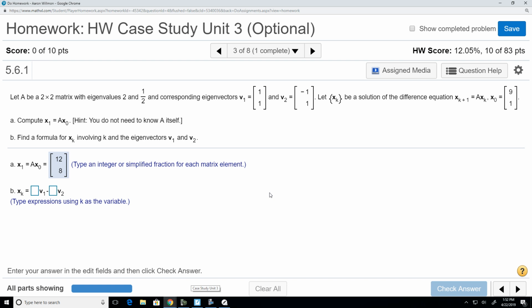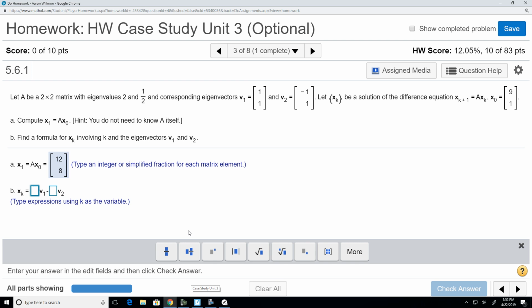All right, so now we need a formula for x of k. So just generically, what would we do if we wanted the kth term of this sequence, the kth vector? So for v1, we need to multiply 5 times 2 to the kth power, right?